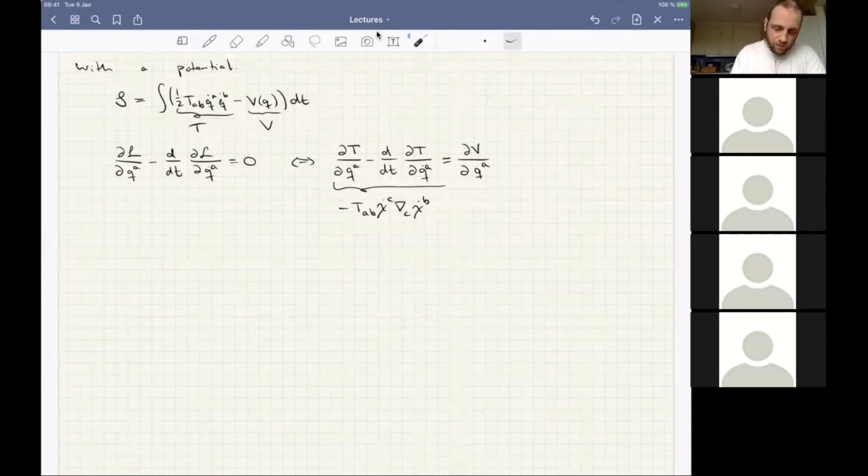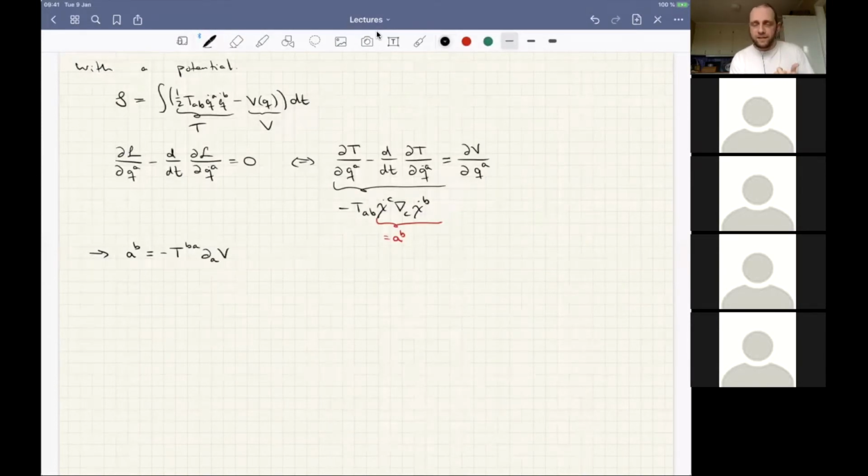So what I can do now is call this a^B, and it's the acceleration. It's the double time derivative essentially of the tangent. And if I define this as this, then what I get is the following equation. It's a^B equal to minus T^BA d_A V. And do you recognize this equation in some form?